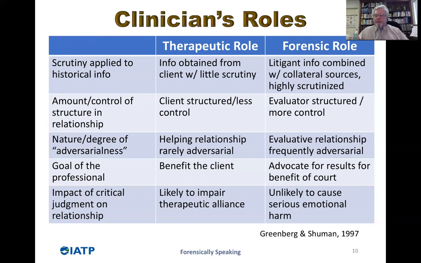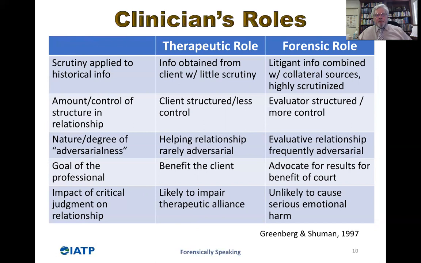And therefore, I was asked to do an evaluation. And in the evaluation, I excluded the fact that he was illegally in the country because that would prejudice the information. And so while we are very careful in a forensic setting to be scrutinizing lots of information, that doesn't mean it's going to get included simply because we found it.